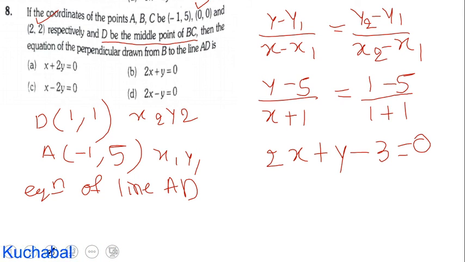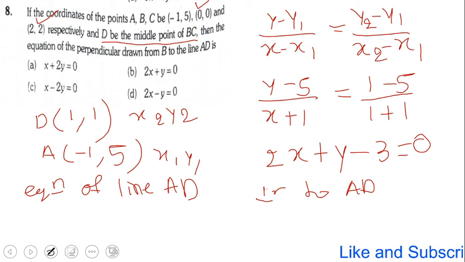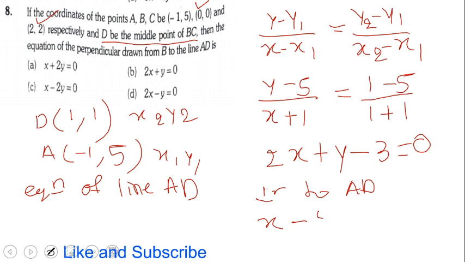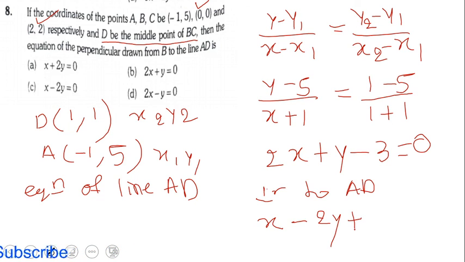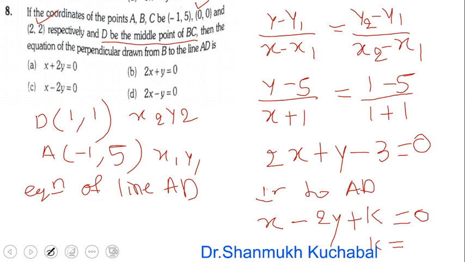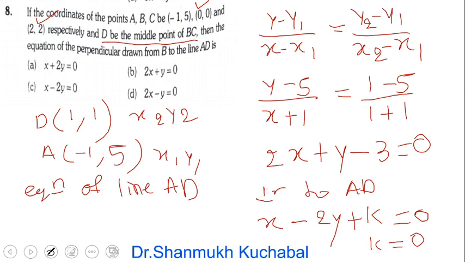So further, the line which is perpendicular to AD. Perpendicular to AD means the first pair is the same, with the constant different, so we will observe here. The first pair we can write as x minus 2y, and for perpendicular the constant k value will be different here. We will observe that k will become 0.